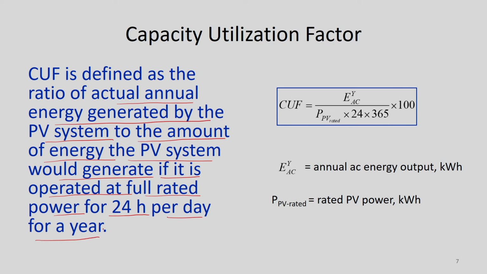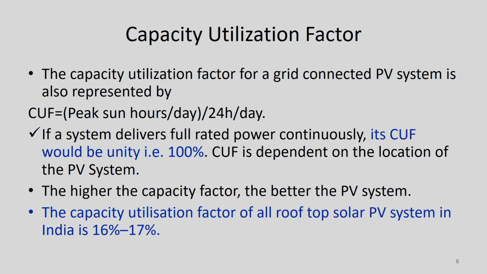So, mathematically this can be represented by E AC Y, that is annual AC energy output, to the rated power output multiplied by 24 into 365, and of course, you can multiply by 100 in order to make it a percentage, right. So, this is the expression by which you can calculate capacity utilization factor.